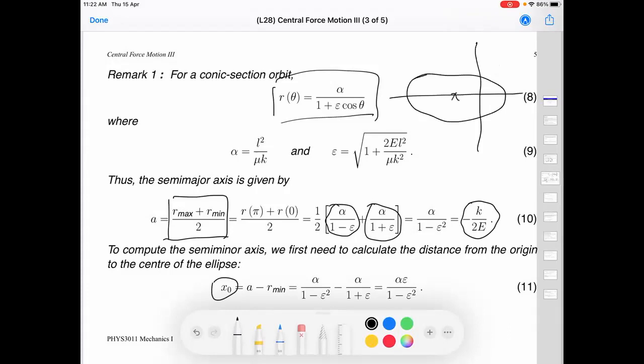Here is the 0. This is the center. So here to here is A. Origin to here is R min. Okay. So here to here is x naught. That is the x naught.